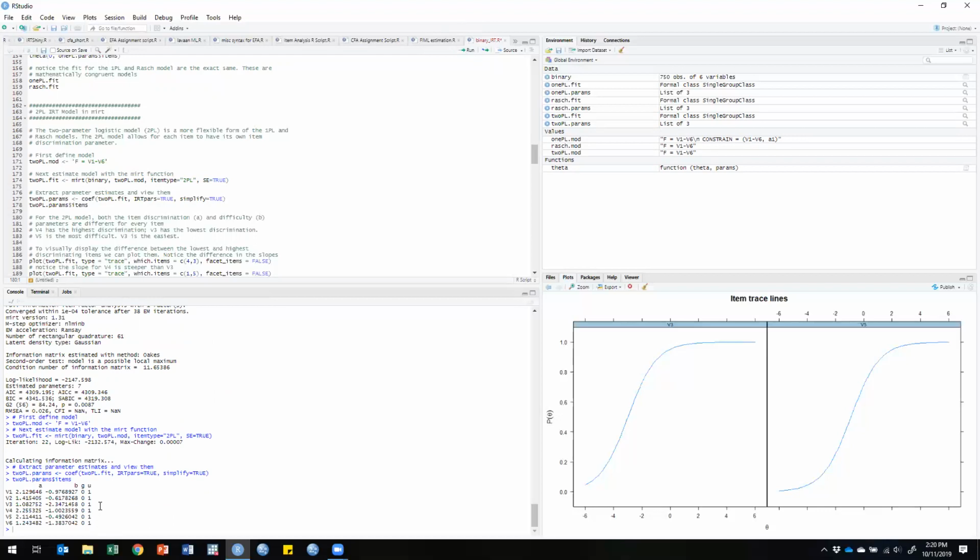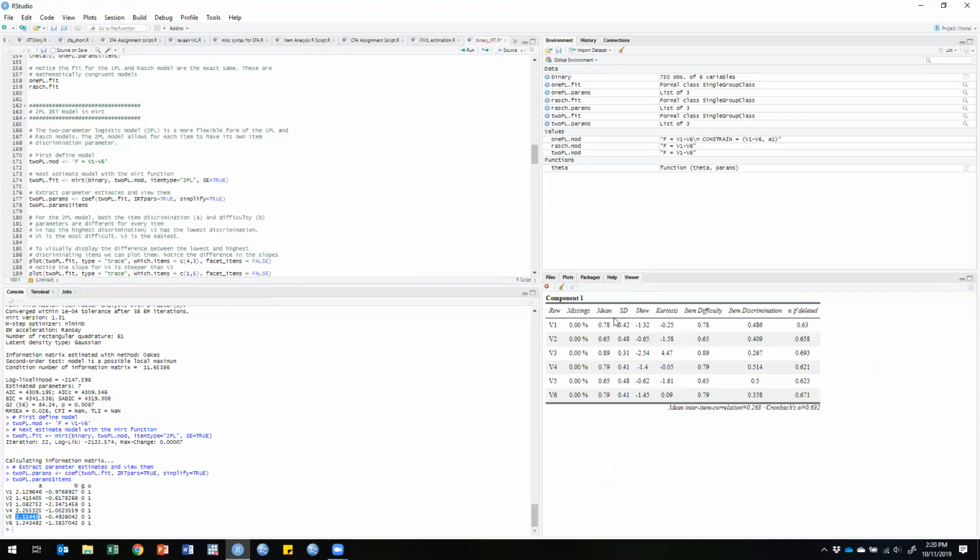So let's look at what's going on here. For the 2PL, notice that we have a different discrimination parameter for each one of our items, and not all of them are the same. Discrimination for number 1 and number 5 are pretty similar. Looks like 3 is the least discriminating, and 5 is the most discriminating.